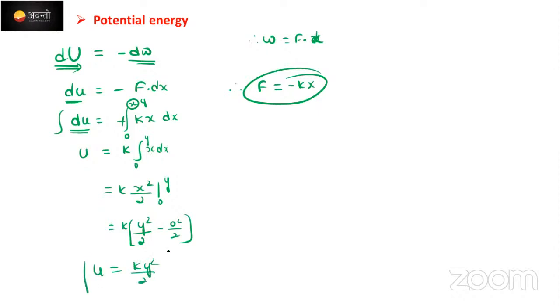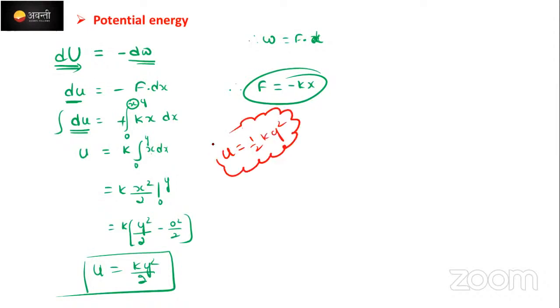This is the potential energy of a simple harmonic motion. Clear? Look, we have got the potential energy. Look carefully. U value will be equal to half k y square. Note down this one. This is the potential energy of a simple harmonic motion.